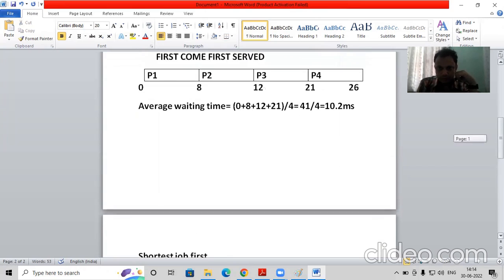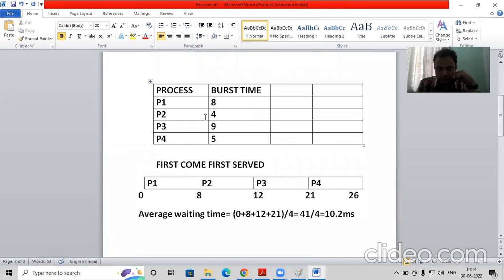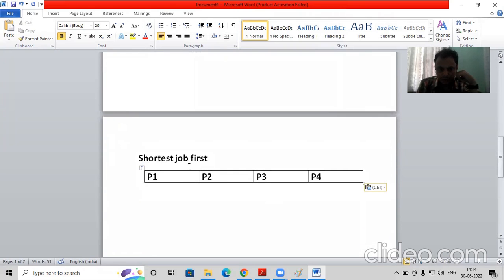So for shortest job, the order is P2, then P4, then P1, then P3.